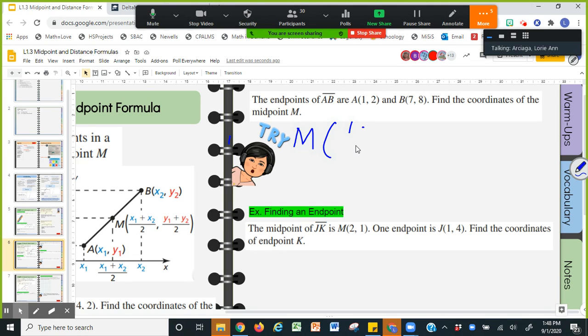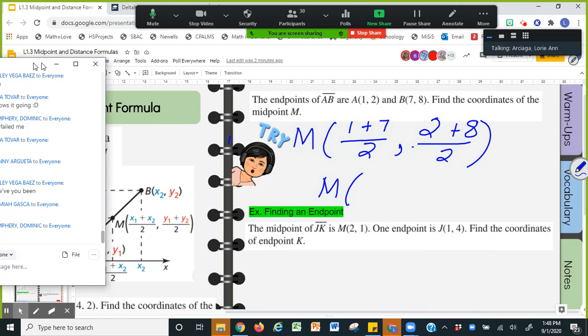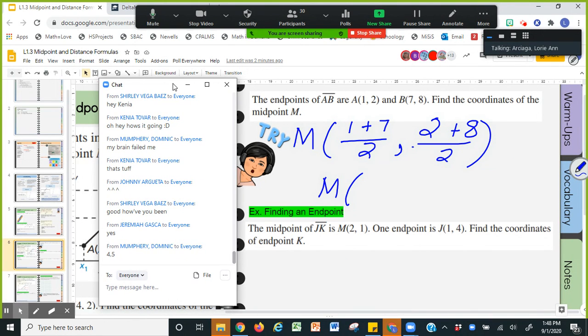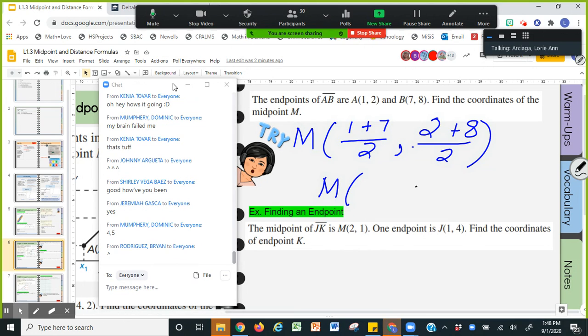The partner of 1 is 7. Then we're going to divide it by 2. Then get 2, which is the first y number. You add it to the second y number, which is 8, and then you divide it by 2. So M will be, okay, and I see answers in the chat already. 4, 5. Awesome. So 4, 5. All right.